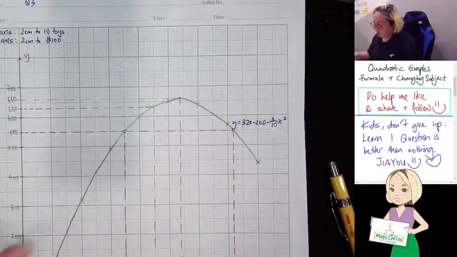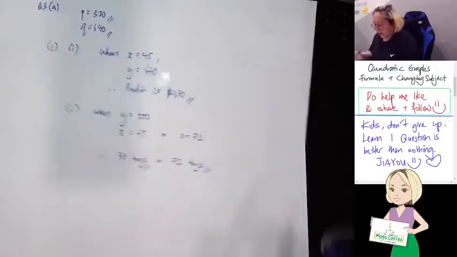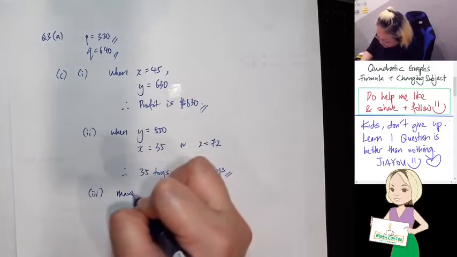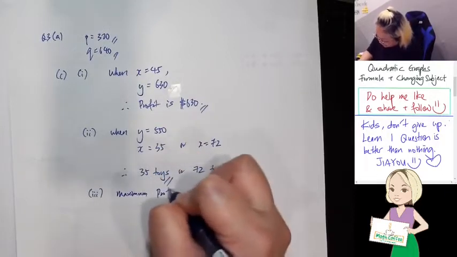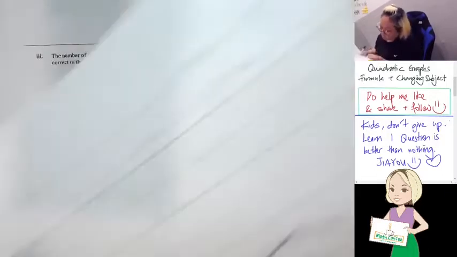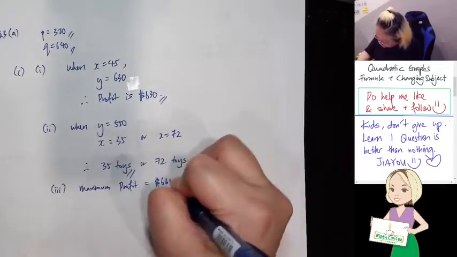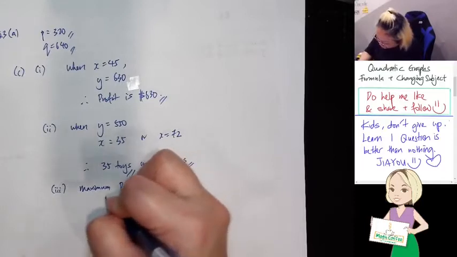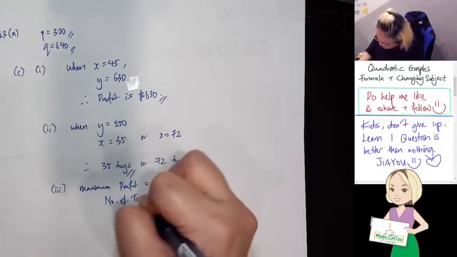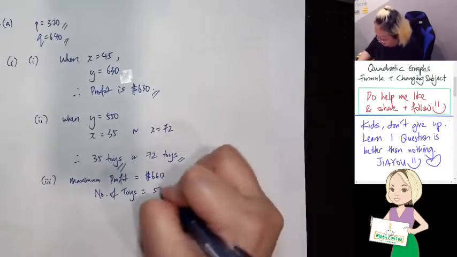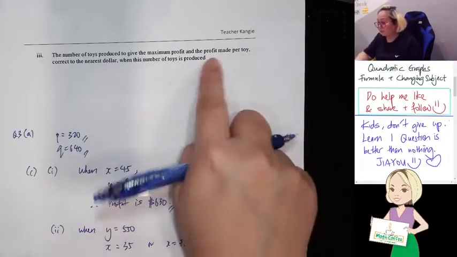Okay, so I will go to my graph behind. I will say part 3. Maximum profit equals to 660. Number of toys equals to 54. So they ask you, what is the profit made per toy?